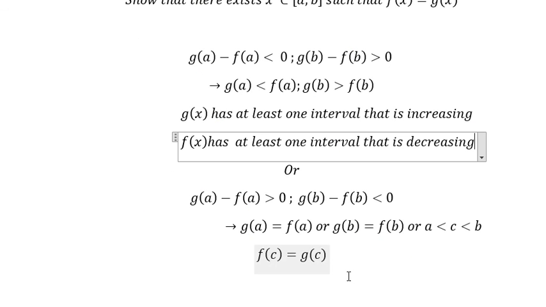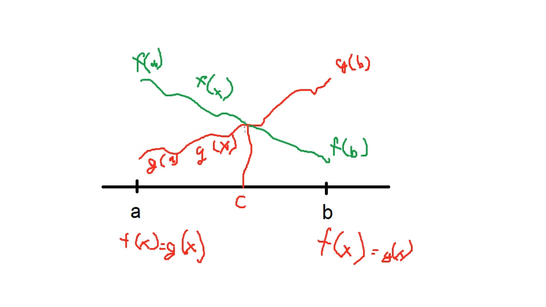That's why I mentioned it here. If we find the location c where they have the same value, we still conclude that f of s equals g of s. So after we analyze this, you can see that whether it is at a, at b, or between a and b, at c, we still have f of s equal to g of s.